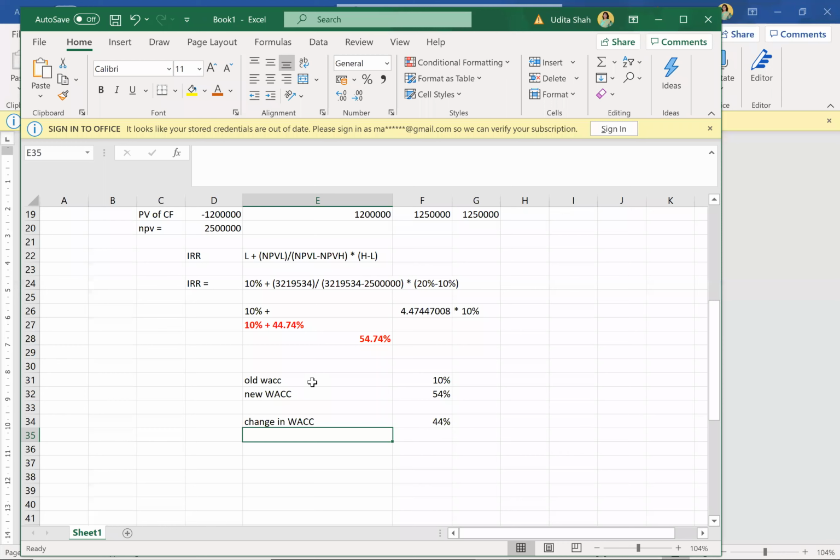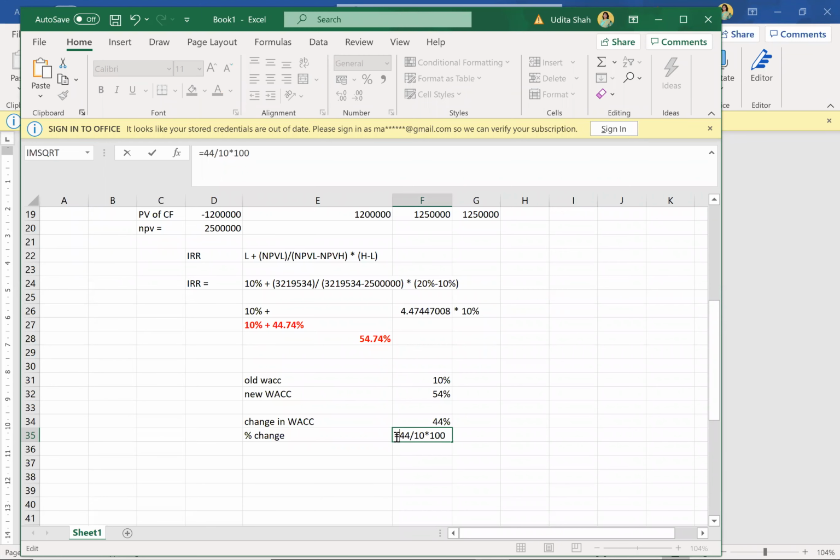So percentage change will be what? Percentage change will be 44 divided by 10 into 100. Change upon original into 100. So 440%.